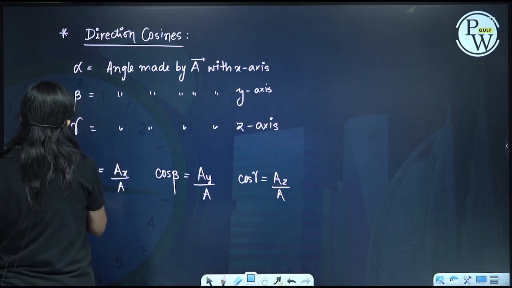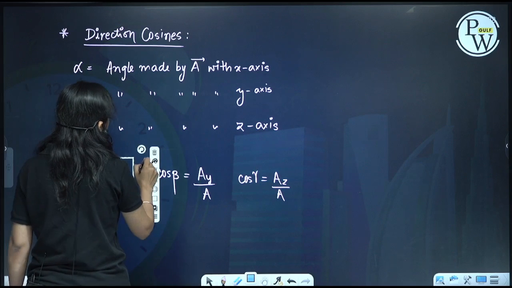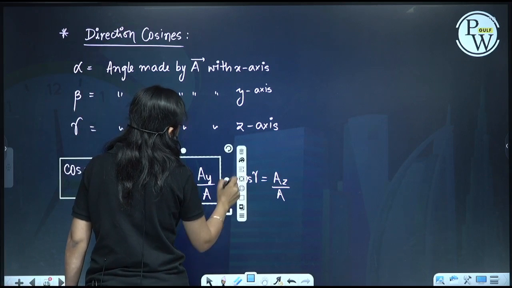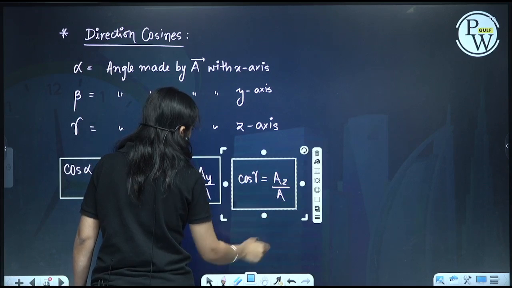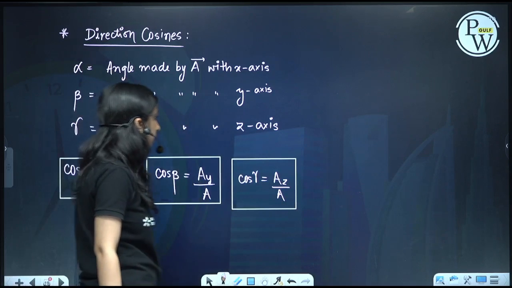Cos alpha will be equal to ax by a, cos beta will be equal to ay by a, and cos gamma will be equal to az by a.